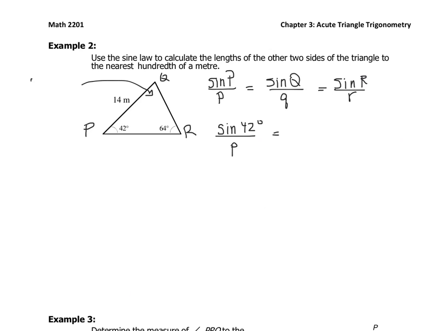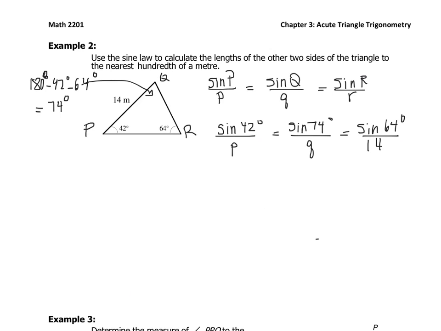Q would just be 180, take off the 42, take off the 64, which, if you put that in your calculator, will give you 74 degrees. So sine of 74 over side Q, which I don't know, and sine of R, I do know that R is 64 degrees, and side R is 14.